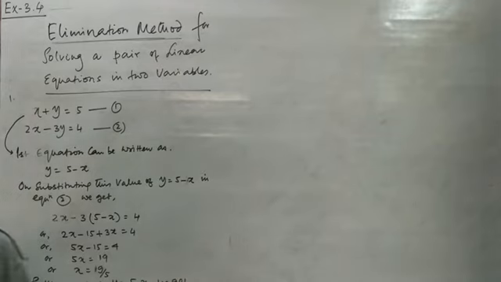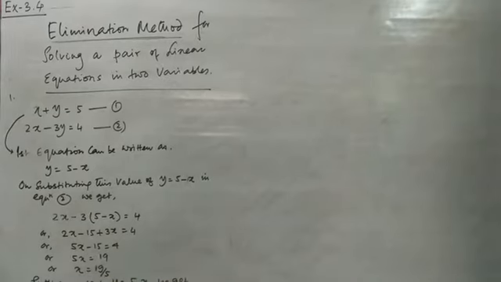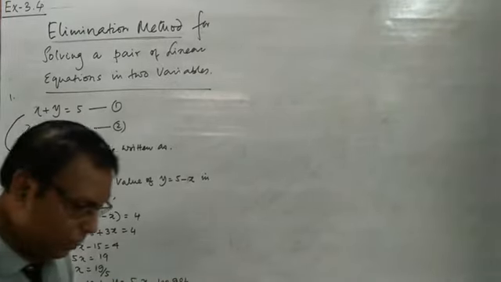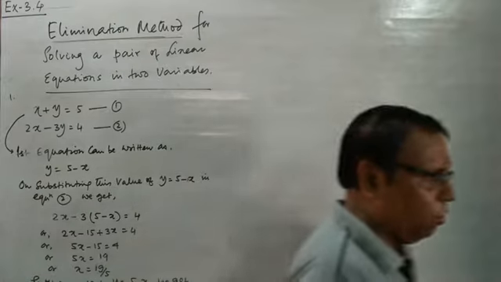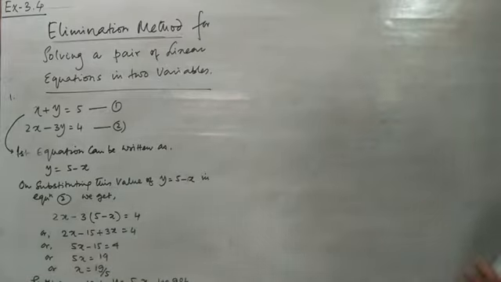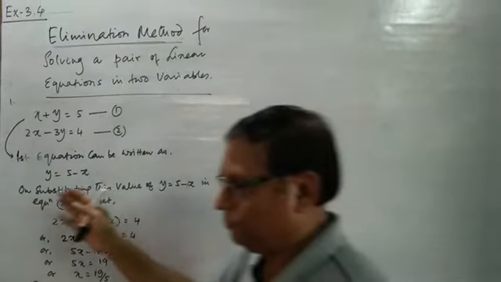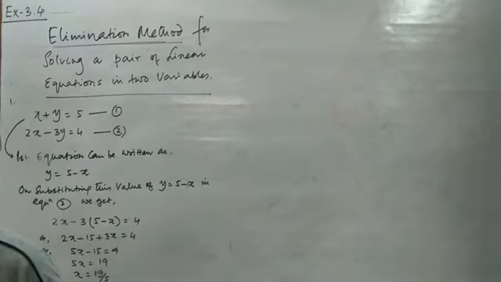Then by the method of transposition we can find out the value of one unknown. Once we know the value of one unknown, we can put it in the equation and find out the second unknown, the second value.